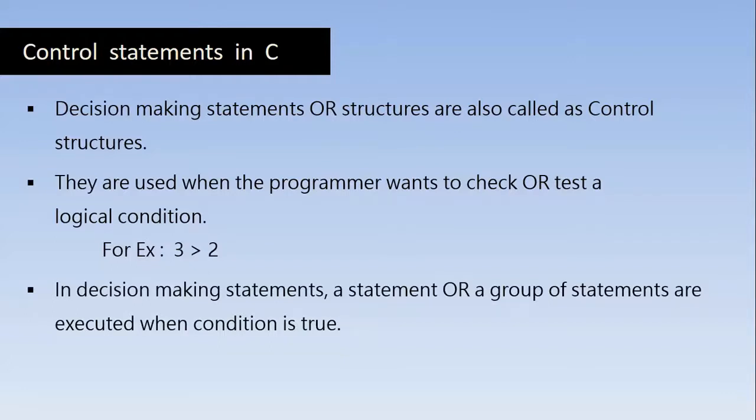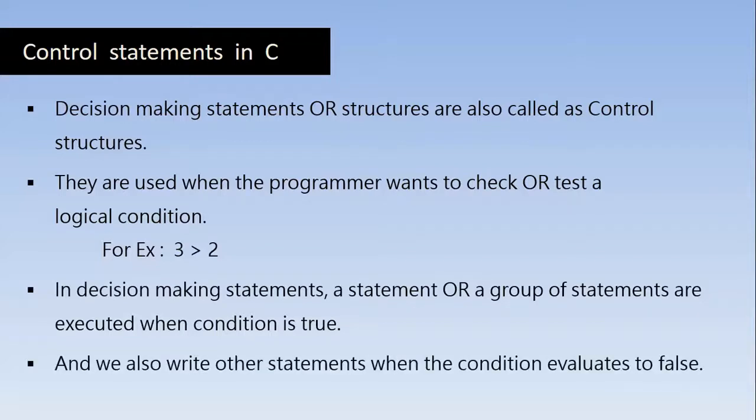So the execution of the statements depends upon the truth or falsity of the logical condition, and we also write other statements which we execute when the condition evaluates to false.